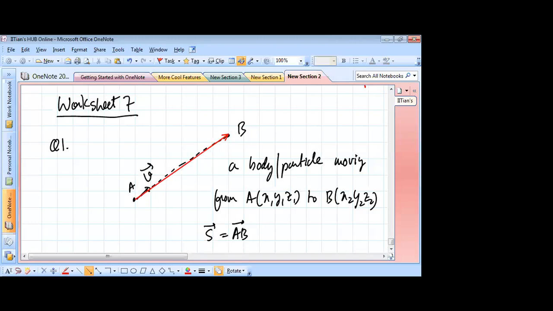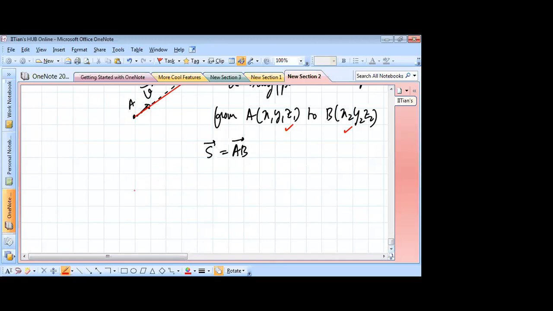The straight line joining A and B, that arrow, is nothing but the displacement. So now if I know these two coordinates, I can directly write the displacement as x2 minus x1, that is the x component of displacement, plus y2 minus y1, that is the y component of displacement, plus z2 minus z1, that is the z component of displacement.